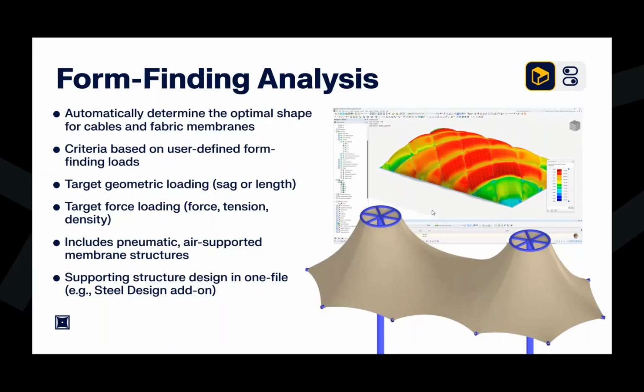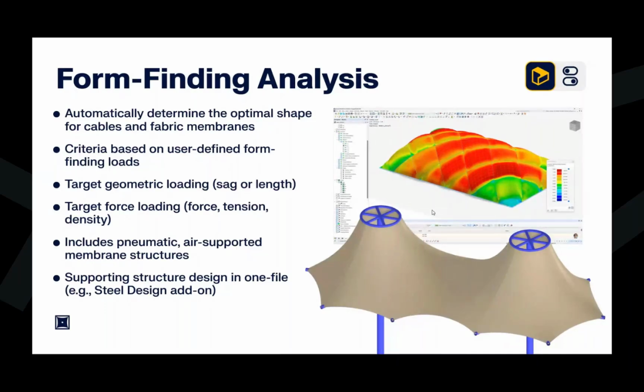And once we input this form finding load, this pre-stress load, the program automatically calculates the best shape for us, this catenary shape. So we don't have to model this manually within RFEM. Now, when we activate this add-on, we have a few different loads available to us specific to the form finding process.